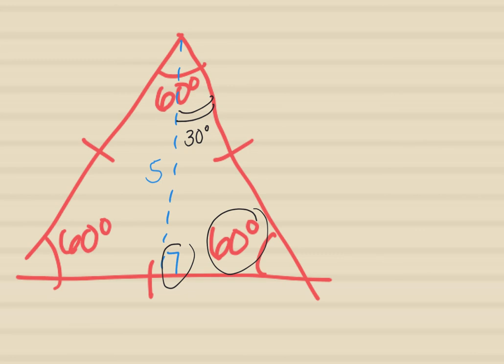Now it gave us the side opposite the 60, right? Normally, this is equal to A times the square root of 3. Okay? Because it's opposite the 60, not opposite the 30.